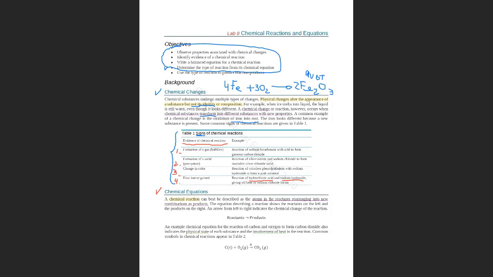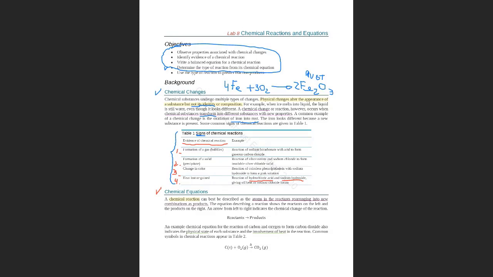But we don't want to. We want to make it simple. We don't want to use that many words. That's why we use chemical equations to represent a chemical reaction. And what is a chemical equation? In a chemical equation, we have different symbols.